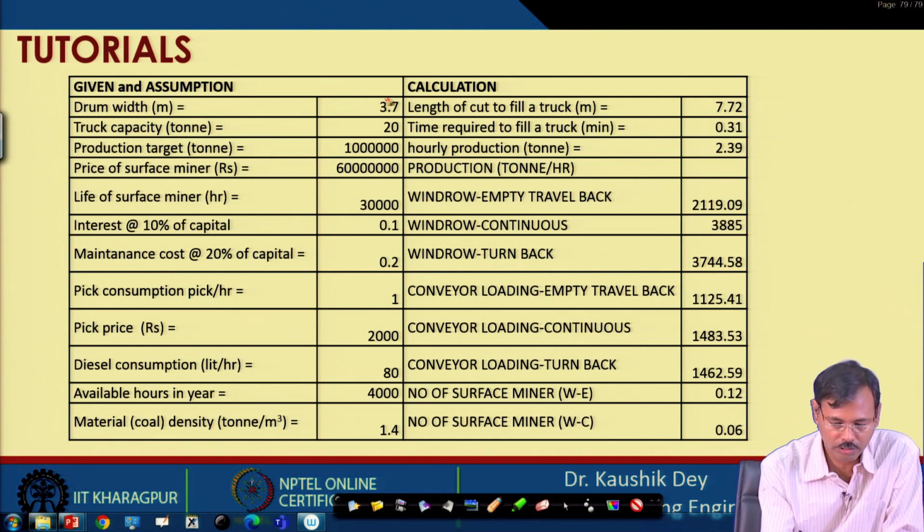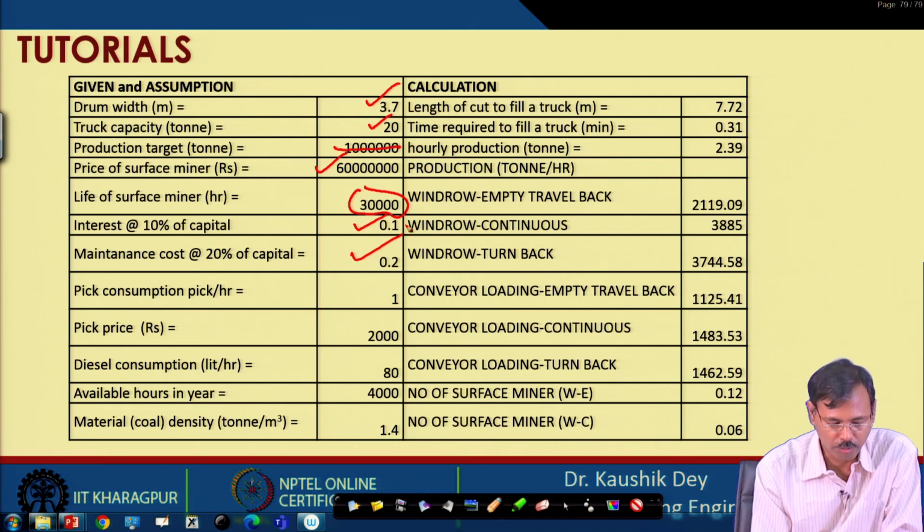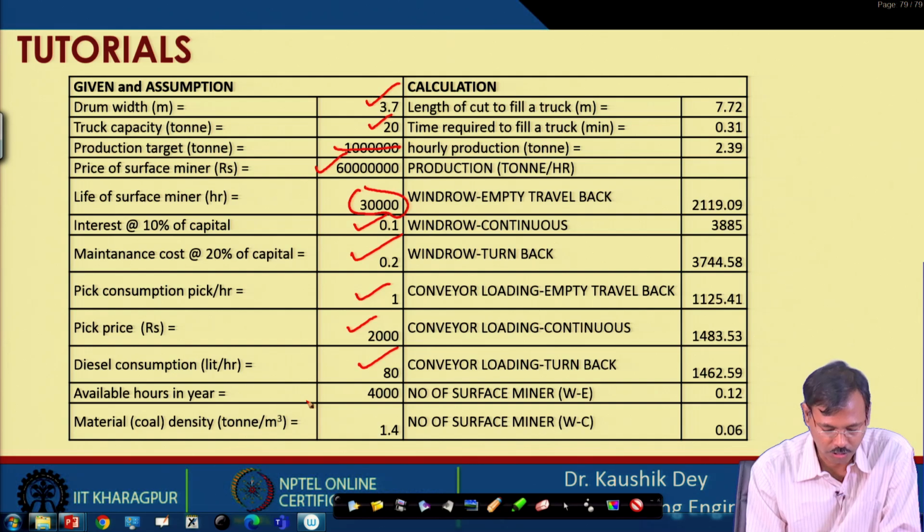So, our assumptions, this is given and assumptions we are showing truck capacity. This is the price of the machine, this is the life we have assumed, this is the interest, this is the maintenance cost. Peak consumption we have assumed, peak price we have assumed, diesel consumption we have assumed. Sorry, that 60 liter has to be changed to 80 liter, here we have taken 80 liter.